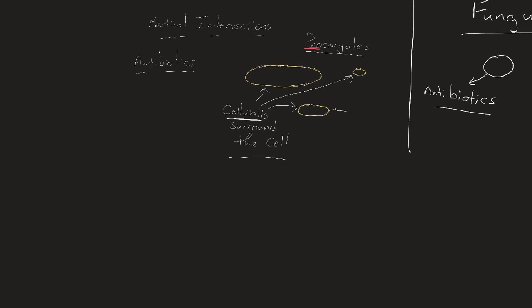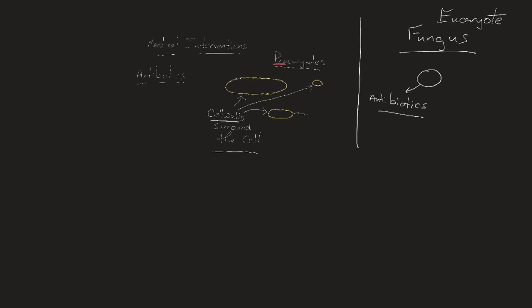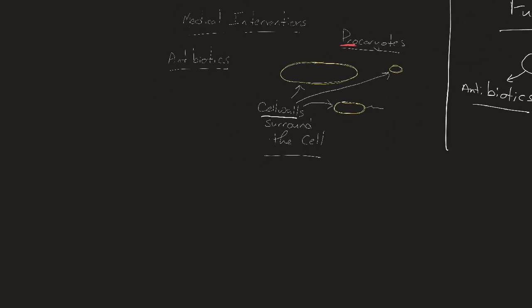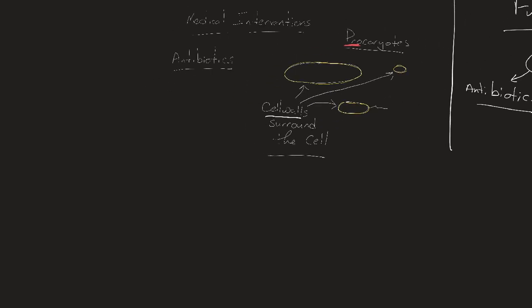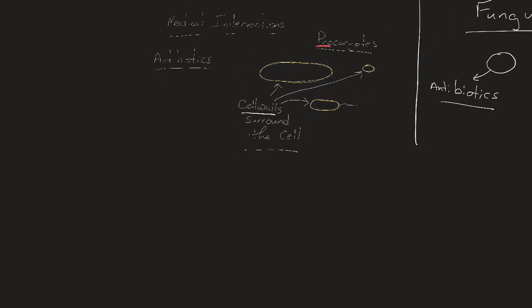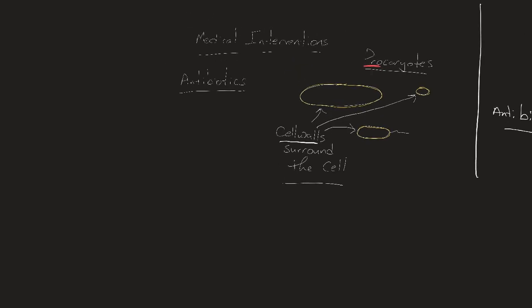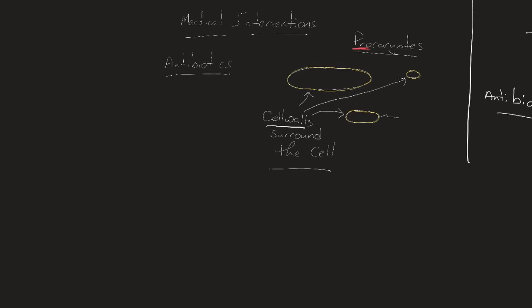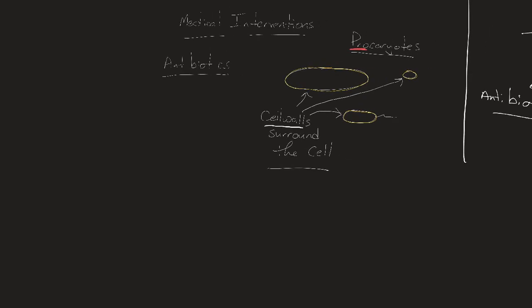So the cells die. And we've been able to discover many different kinds of antibiotics from many different fungi. And we've even been able to adapt the antibiotics and change them, increase their efficacy, how well they work, by making these chemical changes to the antibiotics.